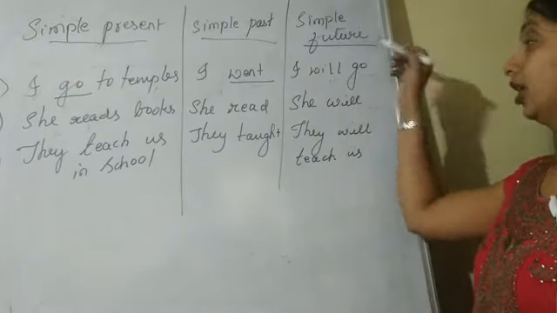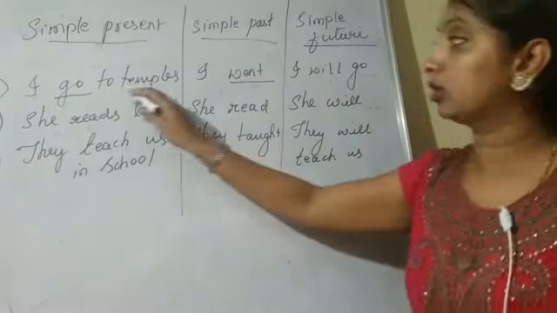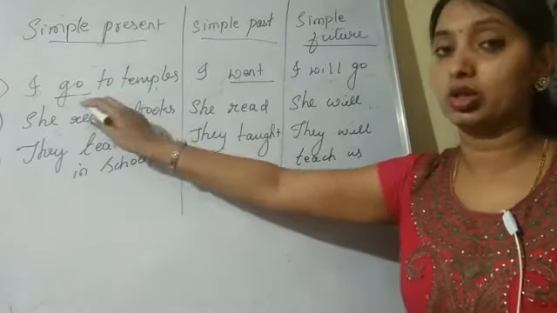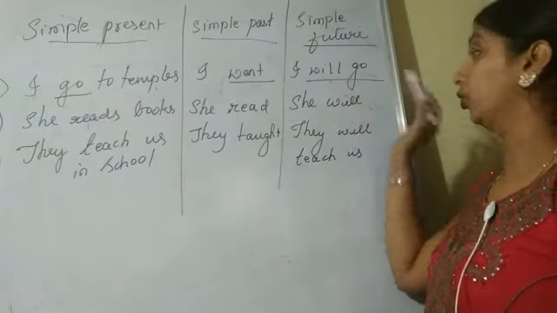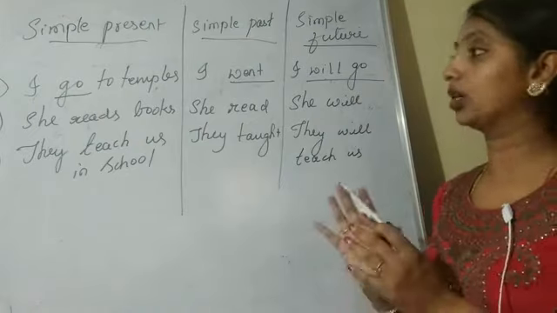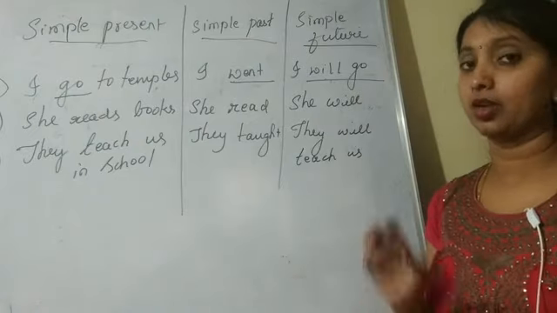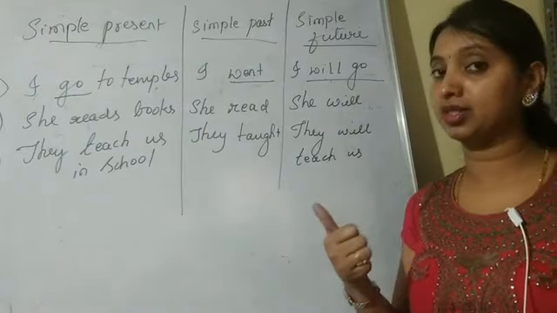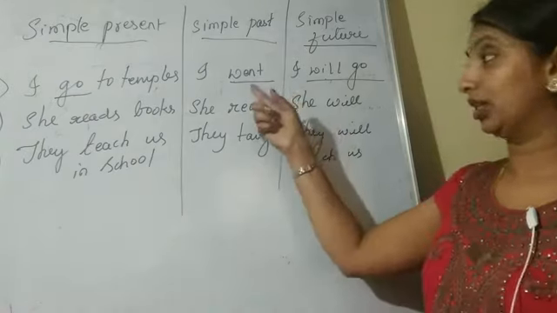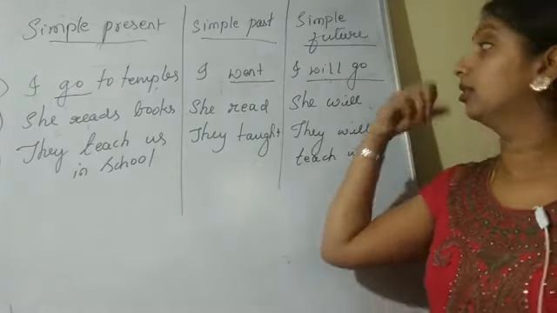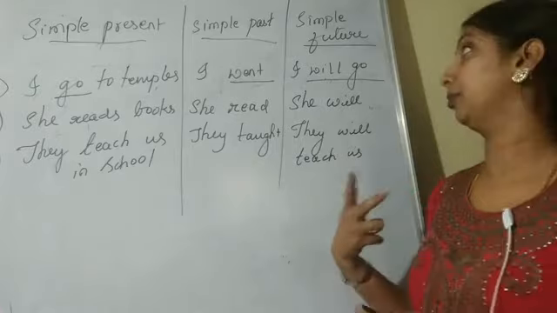In simple future, how to make the sentence? This go will become will go for future. So I will go to temples. I hope you understood. I go to temples, simple present. I went to temples, simple past. I will go to temples, simple future.